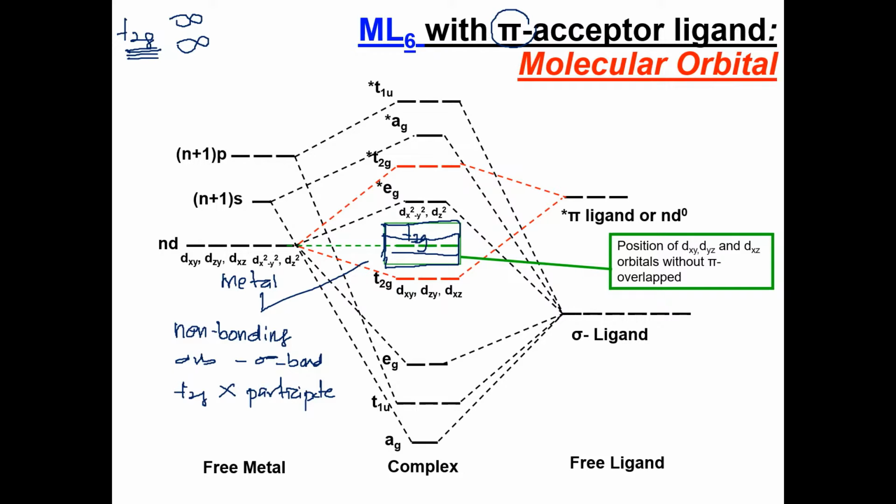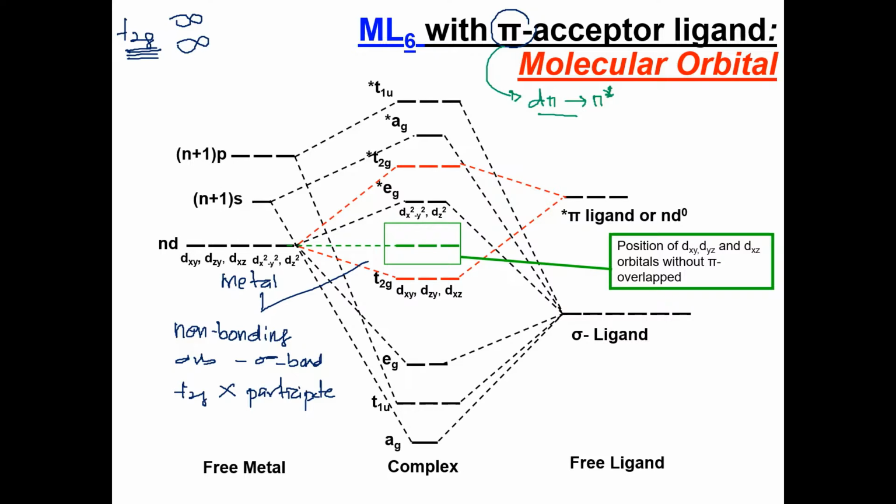So what's the meaning of the pi acceptor? By definition, the pi acceptor is the interaction between d pi and pi star. What does this mean?